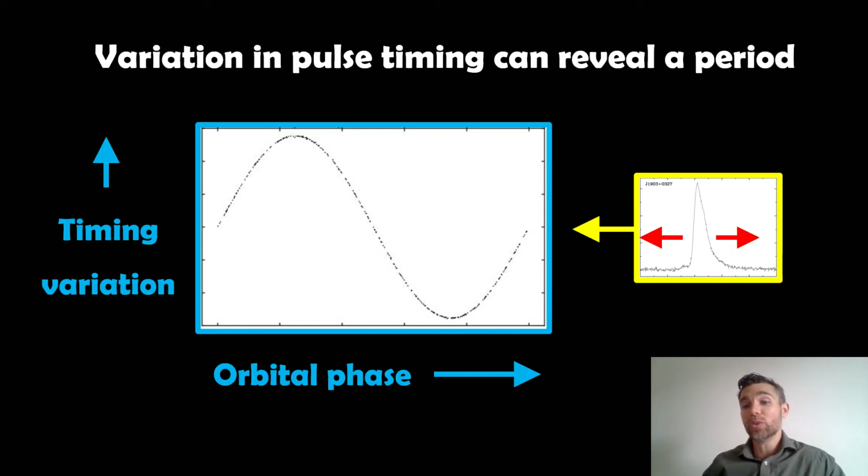So that's one orbital phase of the system. That's not the rotation of the pulsar. That's due to the orbit of the planet and the pulsar around the barycenter. So we can get the orbital period of the exoplanet and also the pulsar by looking at this timing variation of when the pulses arrive, if they get early or late.